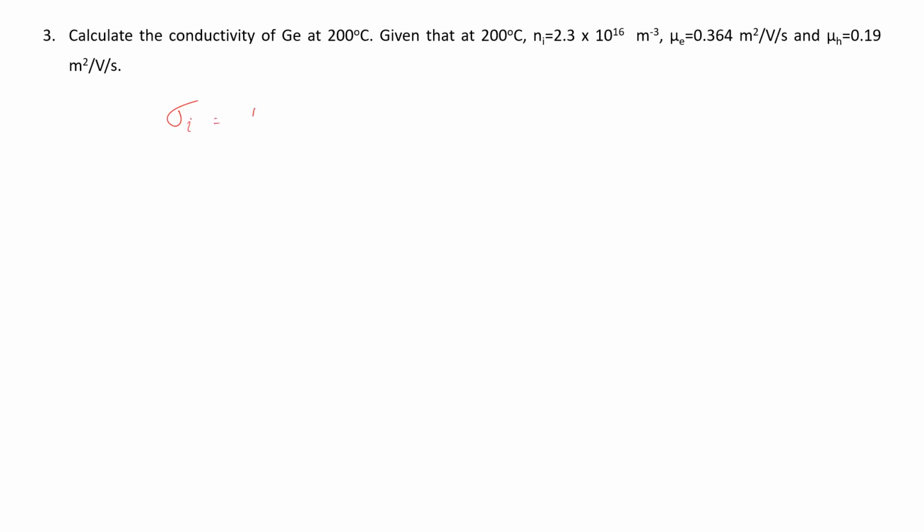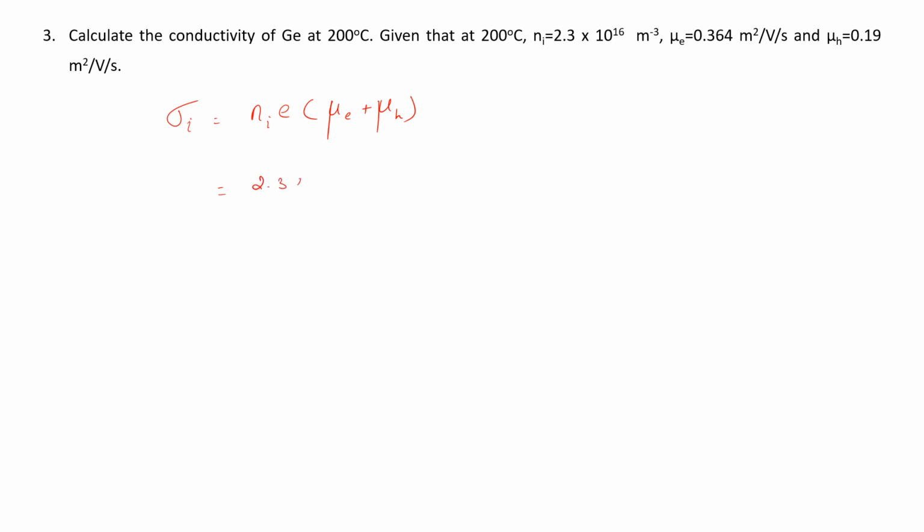Sigma I is equal to Ni E into mu E plus mu H. So Ni, mu E, mu H, everything is given. E is a constant value, so you have all the data here. Now substitute.